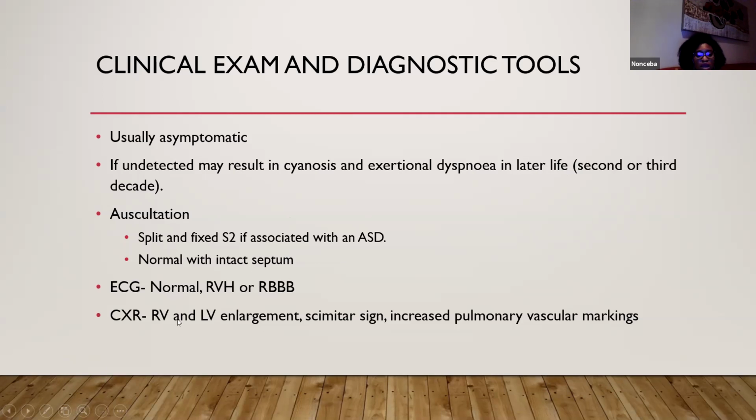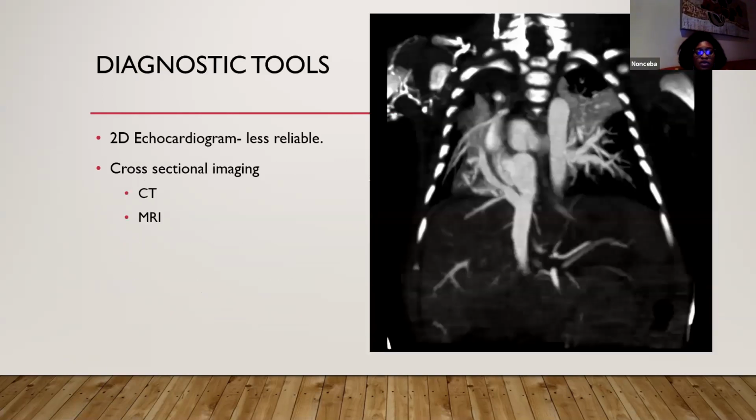On chest X-ray, you may have an enlarged LV and RV. You may have the Scimitar sign, where the abnormal vessel connecting to the right atrium may appear as a scimitar. And you may have increased pulmonary vascular markings. If they end up in cardiac failure, you can get features of congestive cardiac failure on the radiograph.